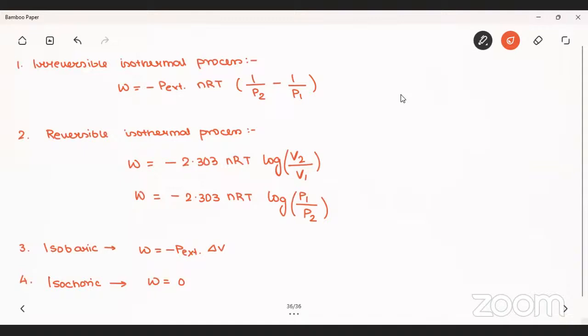Then comes our cyclic process. I'm writing here. Cyclic process. What was the formula? Plus minus area enclosed by the PV curve.